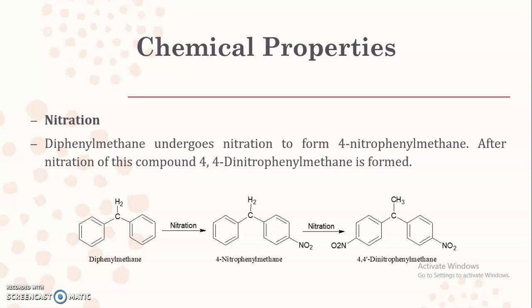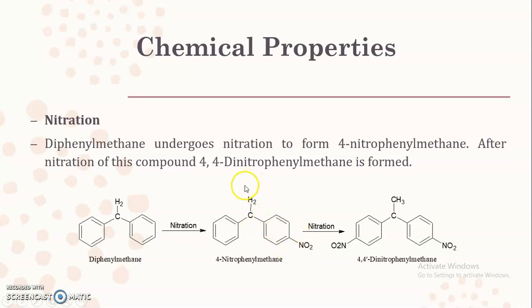4,4-dinitrophenyl methane. Now in the first case, what happens? The diphenyl methane first undergoes nitration. As there are two rings, nitration takes place at both rings. This is our alkyl group, which is present between both the rings, and the nitro group will be placed at the fourth position, or you can say the para position, to that alkyl group.